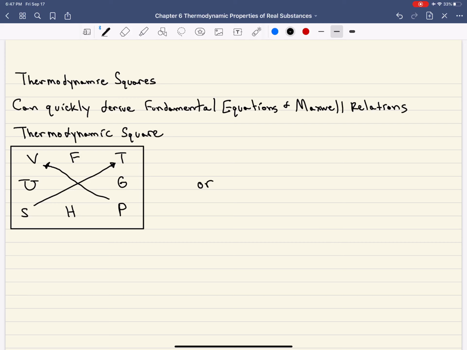Or if you used A, it would look like this. S, H and P, arrows going the same way.